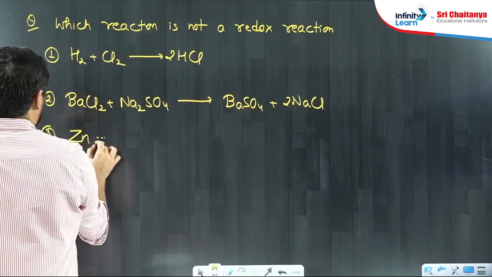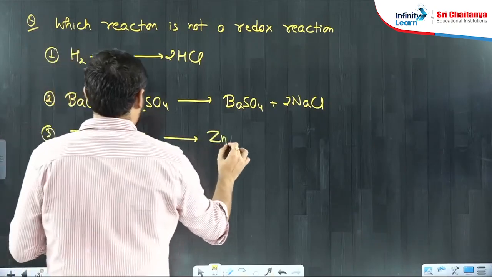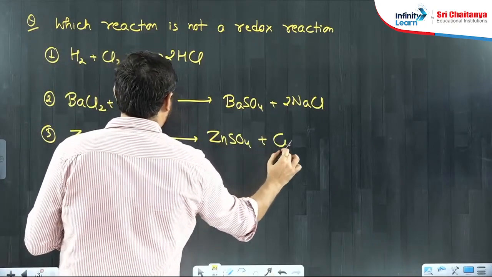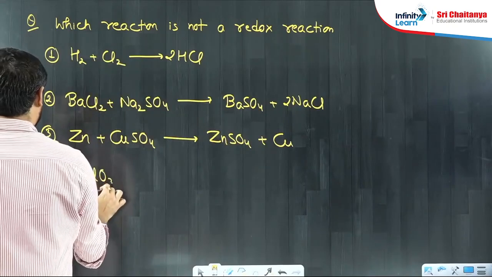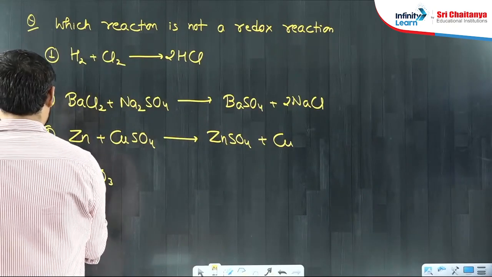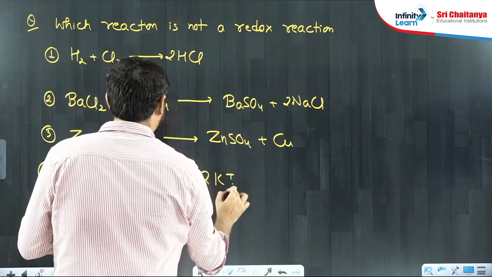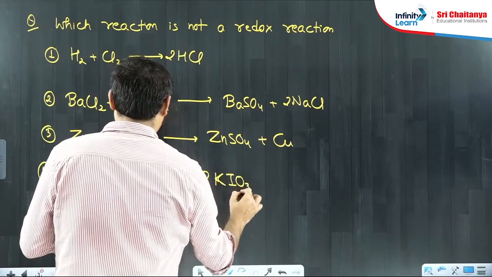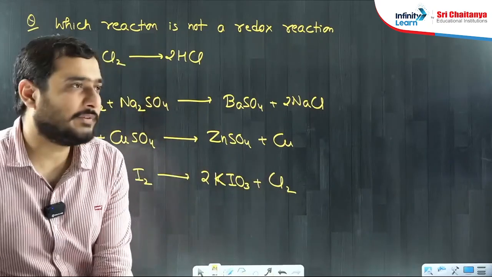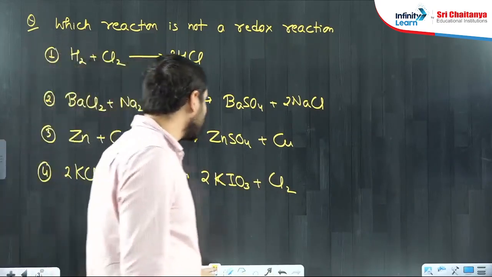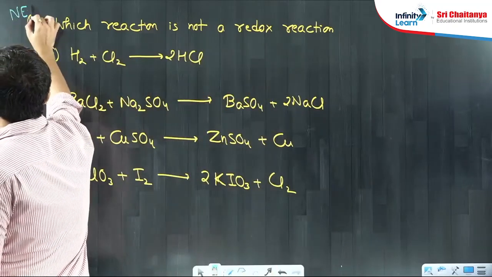Third is Zn plus CuSO4 gives ZnSO4 plus copper, a displacement reaction. Fourth is KClO3 plus I2 gives 2 KIO3 plus Cl2. So this is the question. What we have to find out is which of the following is not a redox reaction, and this is NEET 2024.